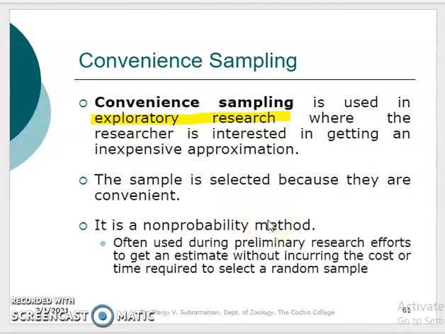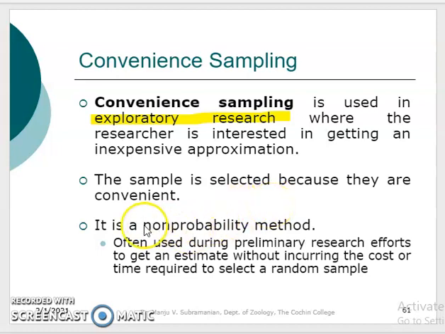The sample is selected because they are convenient. So there is no criteria based upon which we are choosing the sample. Only the investigator just takes the sample which is convenient for him or her.